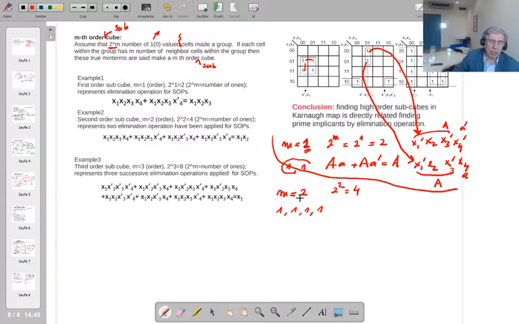If you consider the second order subcube, for example this one, this is going to be one variable elimination operation repeated. So let me see it now. For this one here, make it a different color, maybe it's better, isn't it?